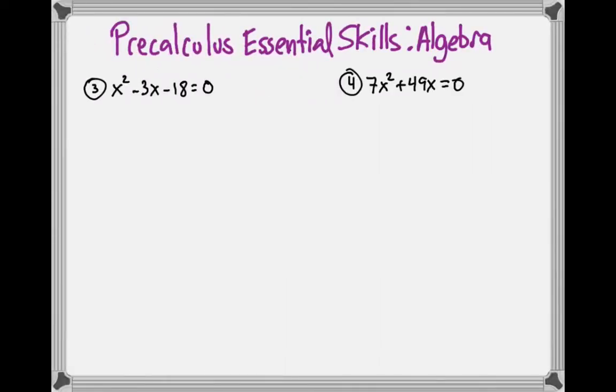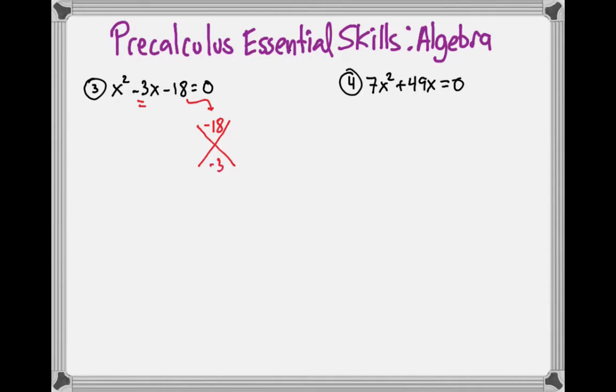Okay, in this next set, we're going to have to factor and then solve using the zero product property. And so for this first one here on the left, I know that we've seen this many times before in precalculus, we're looking for two numbers that are going to multiply to a negative 18 and add to a negative 3.